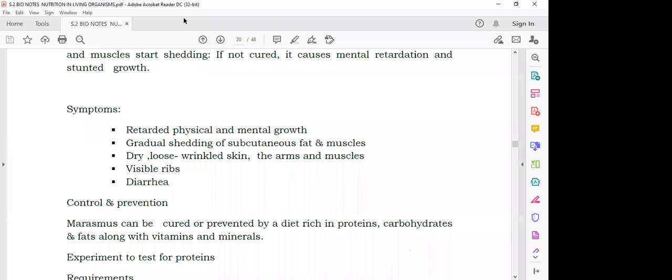Okay, however, can we have someone take us through the symptoms of marasmus? Symptoms of marasmus, please. Yes, Kaitesi.